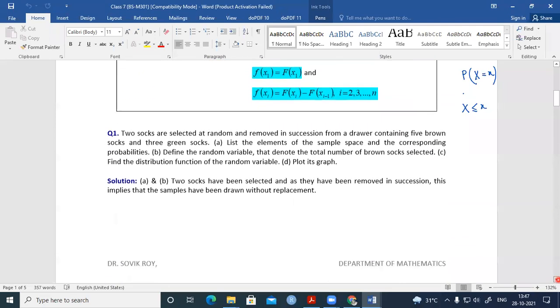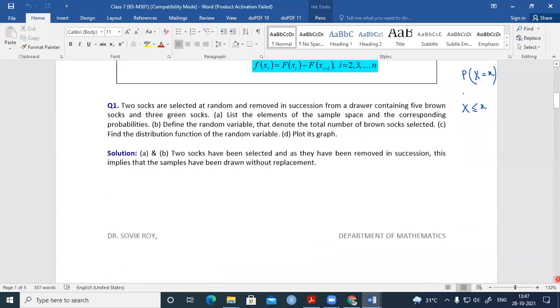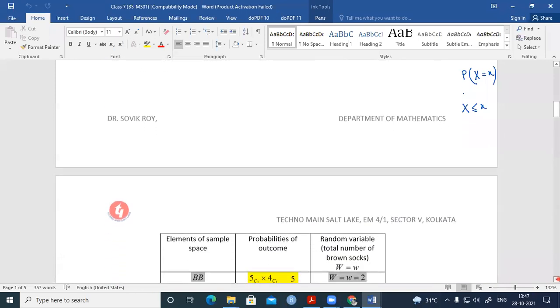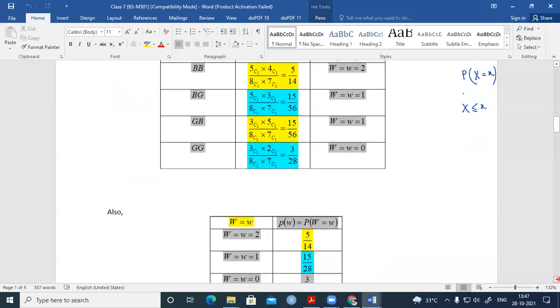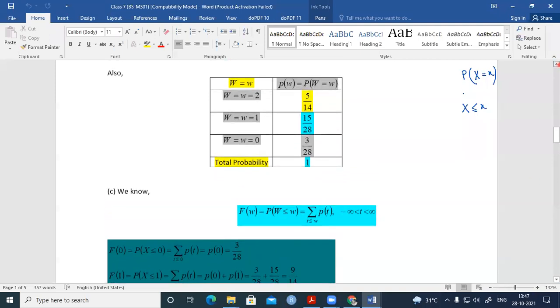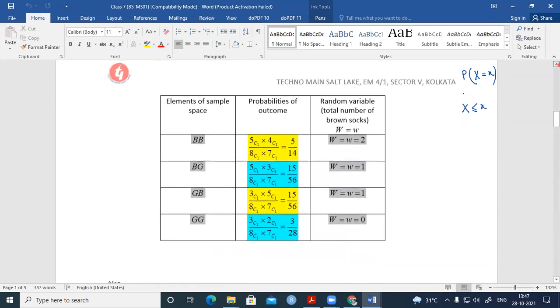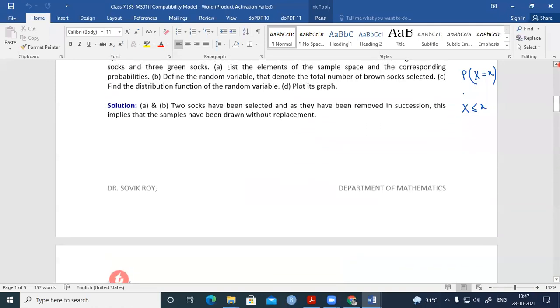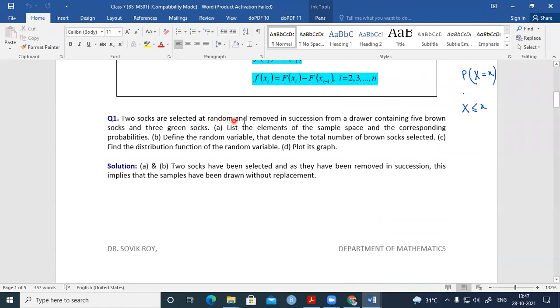Now, to understand the distribution function, let's talk about a simple problem. Two socks are selected at random and removed in succession from a drawer containing 5 brown socks and 3 green socks.